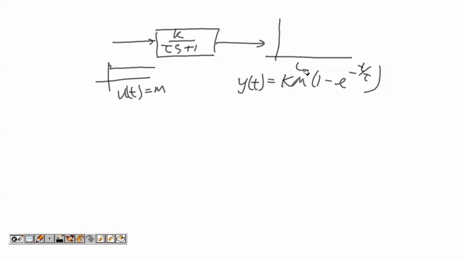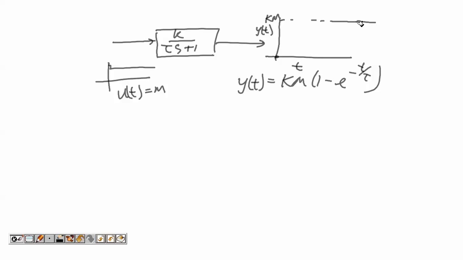So at time t is 0, y(t) is 0. Okay. At time t infinite, e^(-infinity) is 0. So the value will be km.